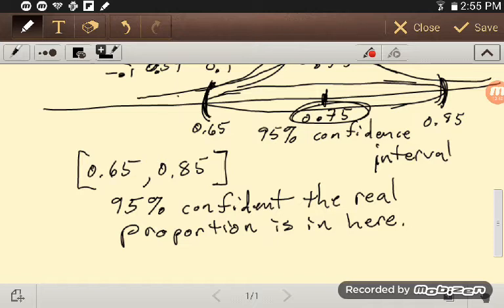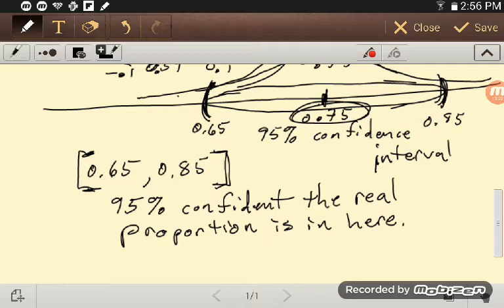Okay, so we've got this interval, and that's where we get this name, 95% confidence interval. Using my distribution information, with the standard error and so forth, I can create this interval around my proportion or my mean that I found in my data.